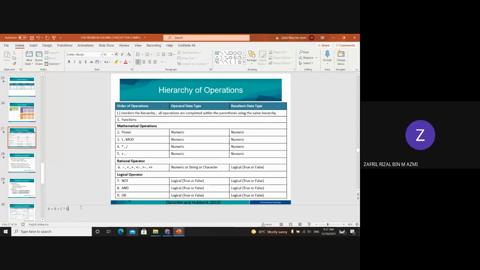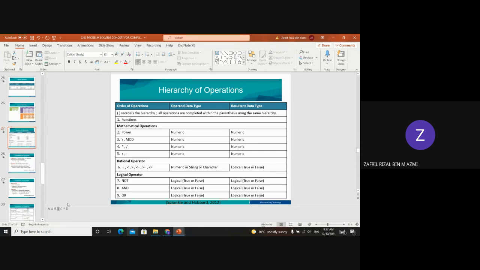Why must we solve multiply first? Because inside the hierarchy, multiplication is on top of addition. So you must solve multiplication first, and then we solve the addition.